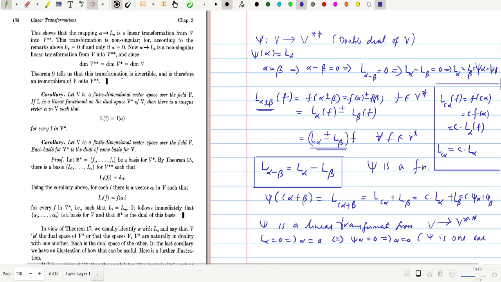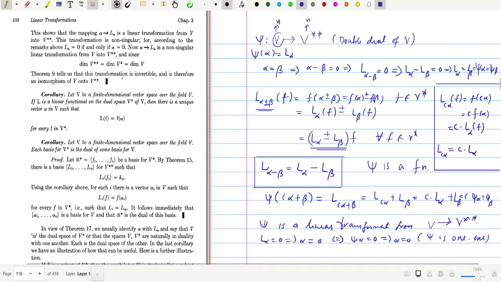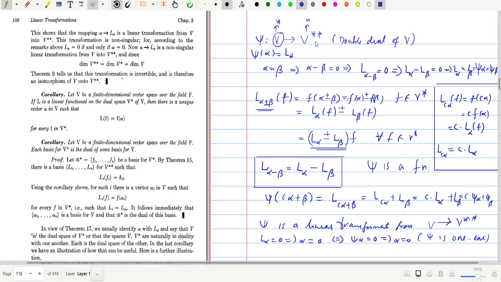Therefore, ψ is 1-to-1, and it's a linear transformation from a vector space V of dimension n to the vector space of the same dimension n, because the dimension of V is the same as the dimension of V star, and the dimension of V star is the same as the dimension of V double star. Therefore, the dimension of V and the dimension of V double star are the same. Therefore, this is a map from V to V double star.